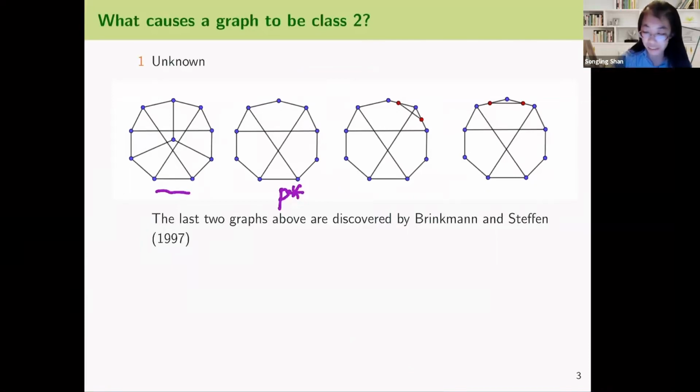And for the third graph here, if we contract these 3 vertices into a single one, then you see that that's just P star. And for the last graph here, the same thing: if you contract these 3 vertices into a single one, it's just P star. There are also 4 graphs of maximum degree 4 which are class 2, but still you cannot really characterize the cause of the graph being class 2.